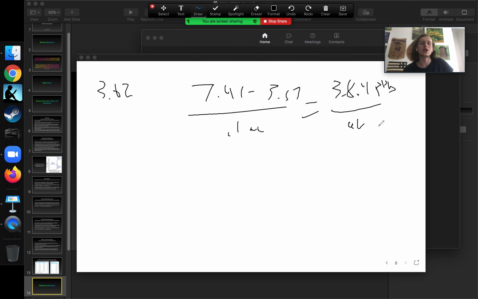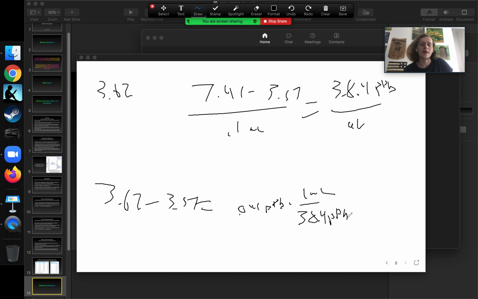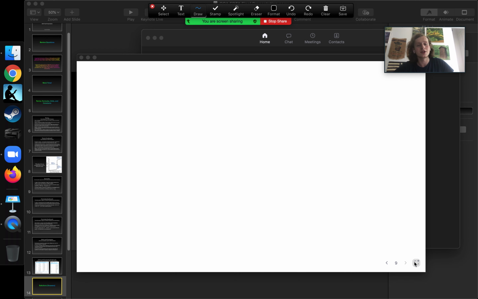Do a little dimensional analysis when you want your change. 3.62 minus 3.57 is equal to 0.045 pPb units, times 1 milliliter over 38.4, just a little dimensional analysis as I mentioned. And this is going to indicate that you need to decrease your volume of EDTA added until you get down to 10.099 milliliters. And that's our answer for that.